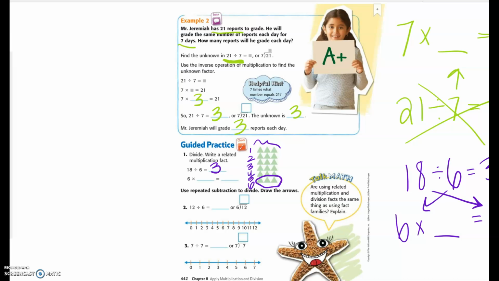Well, I used my 6, I used my 18. The only number left to use is my 3. If 18 divided by 6 is 3, that means 6 times 3 equals 18.